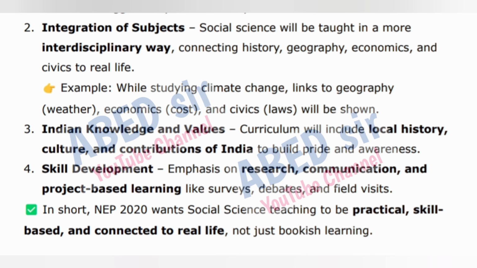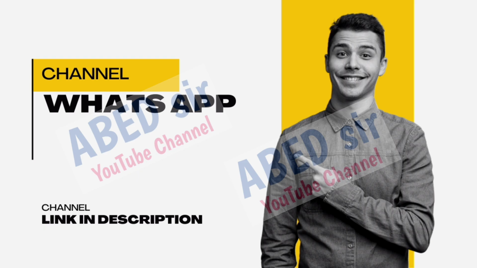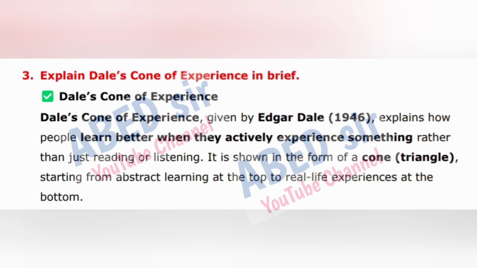Next important short question is: 3. Explain Dale's cone of experience in brief. Dale's cone of experience, given by Edgar Dale, 1946, explains how people learn better when they actively experience something rather than just reading or listening.